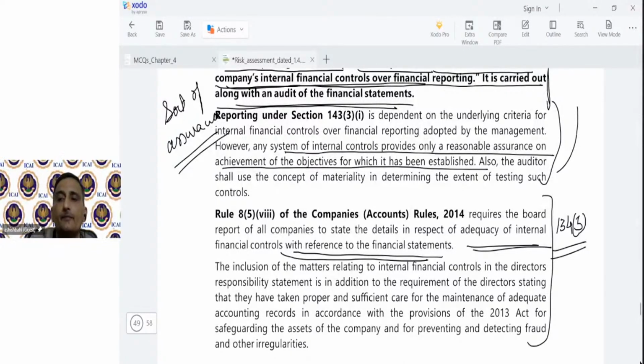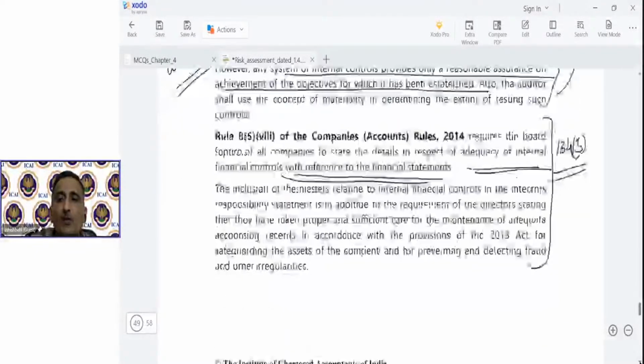Okay. So clear, guys. Internal financial controls is clear to you.